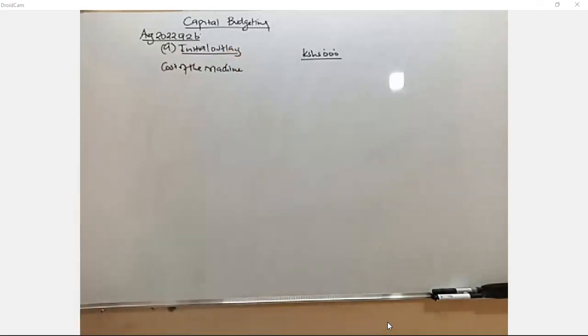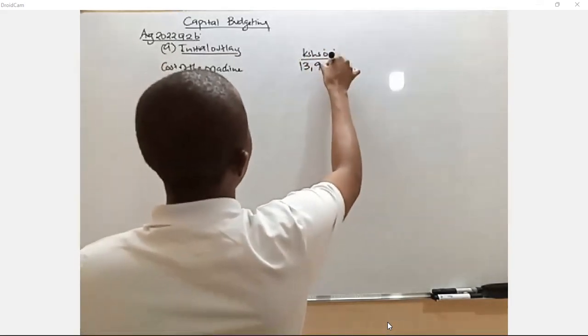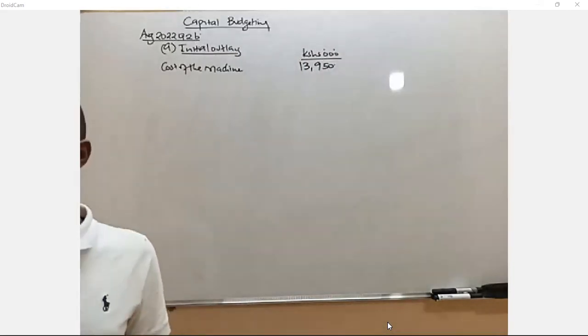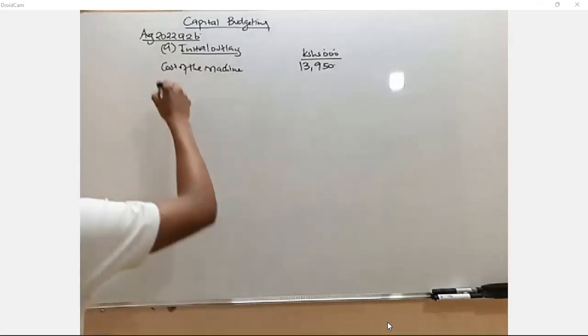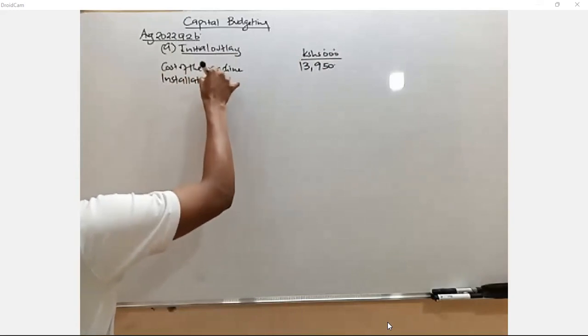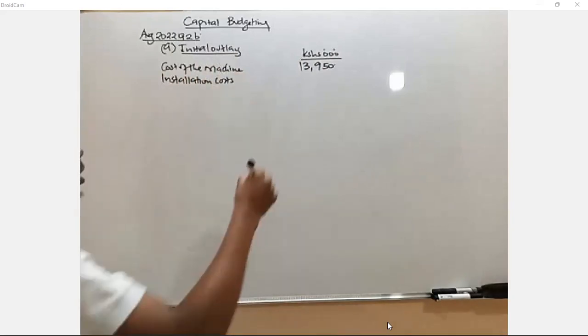The examiner is telling us the cost is 13,950. And we are being told the company will incur installation costs of 450 shillings.